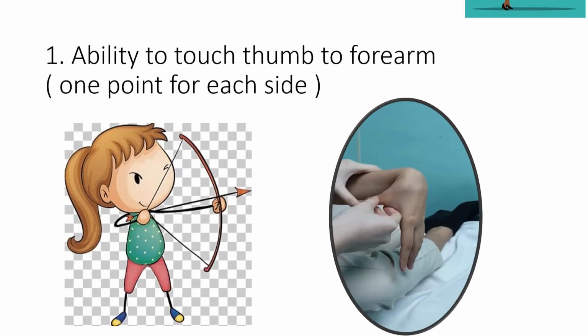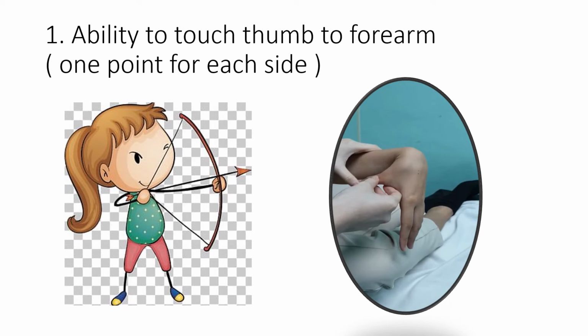Next, I will explain more about each of the score. Number 1, the ability to touch thumb to the forearm. 1 point for each side. Example, if the left thumb is able to passively dorsiflex to the flexor aspect of the forearm, I will give 1 point.